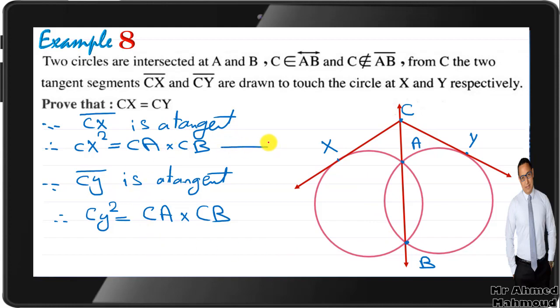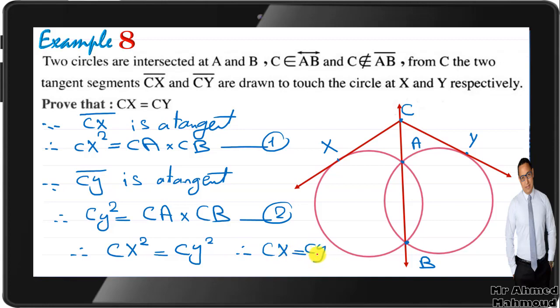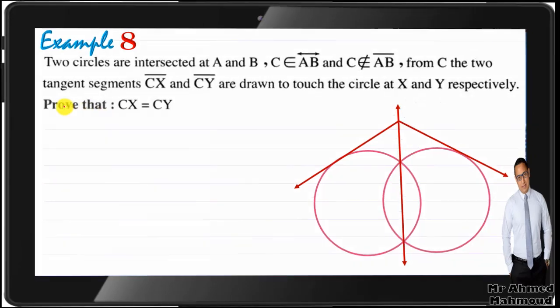This is number 1 and this is number 2. From 1 and 2, therefore CX power of 2 equals CY power of 2, and by taking the square root, without negative or positive, therefore CX equals CY, and this is the required.